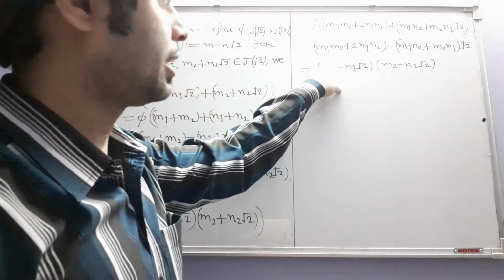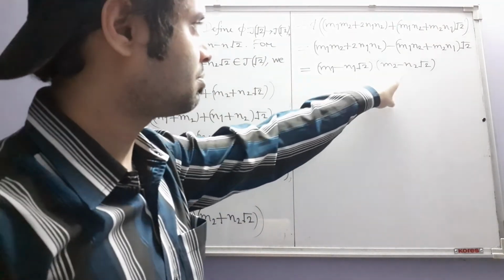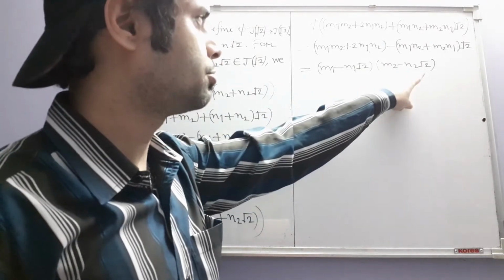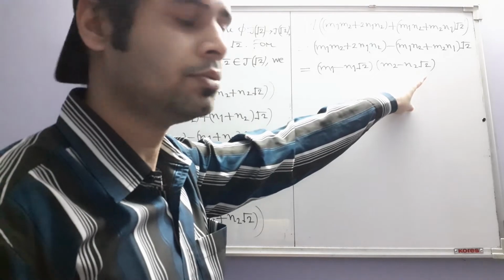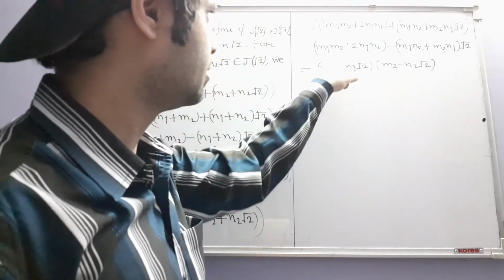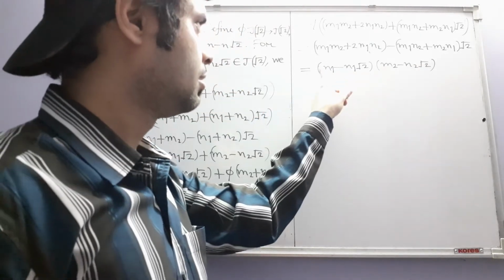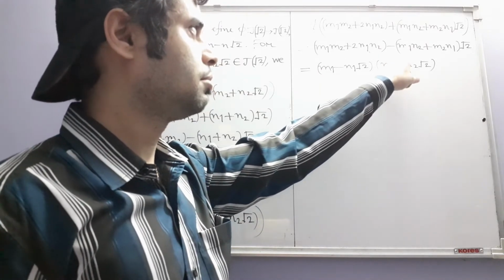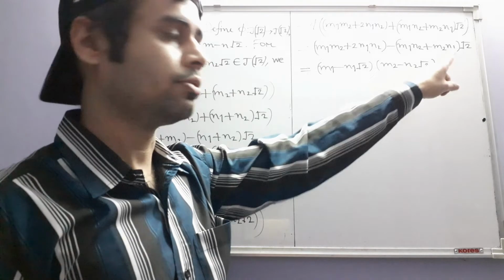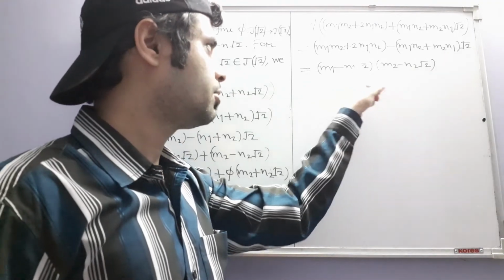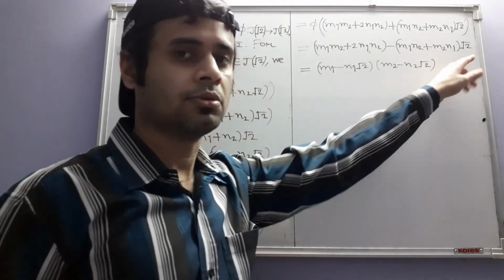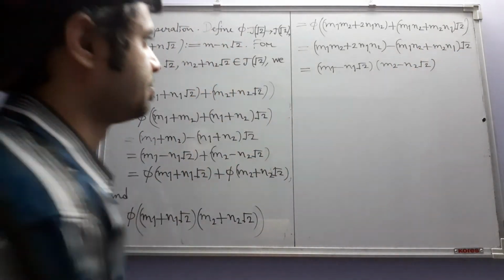m1 m2, we have it here. Minus, minus, they become plus. n1 n2 root 2 times root 2 becomes 2, so that means 2 n1 n2. We have it here. m1 times minus n2 root 2 gives me minus m1 n2 root 2. Like that, m2 times minus n1 root 2 gives me minus m2 n1 root 2. So this is okay.